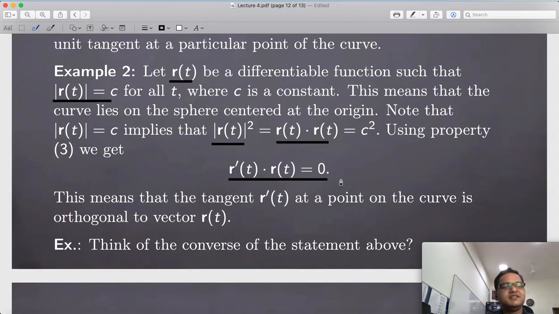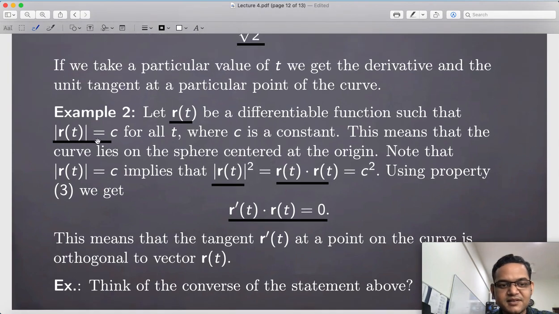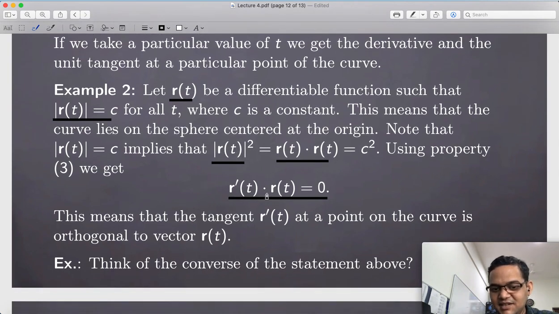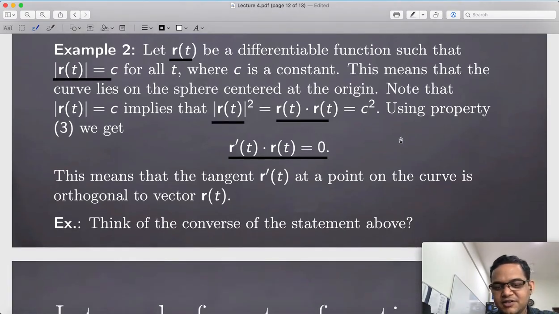Recall what this means: r prime t is orthogonal to r t, isn't it? So for this kind of curve, the tangent vector is always perpendicular to the position vector. You can draw this: imagine a sphere and take a curve on it, and at a point on it the tangent is going to be orthogonal to r t.